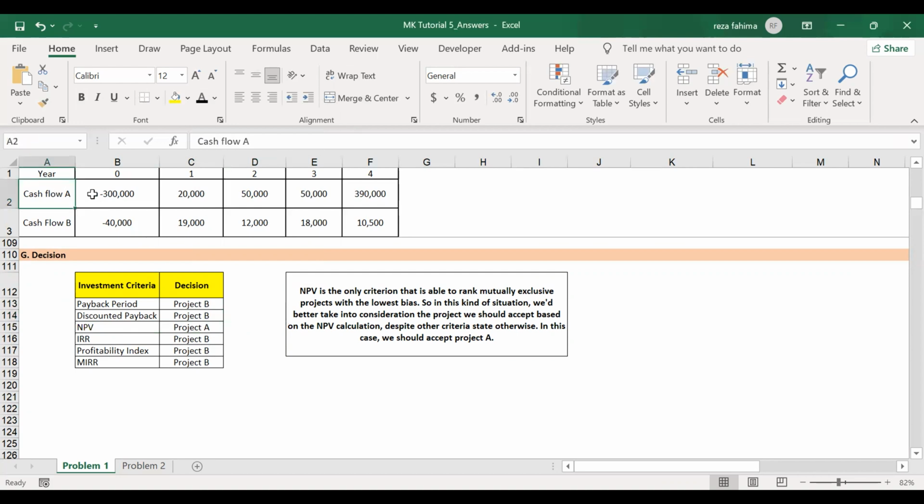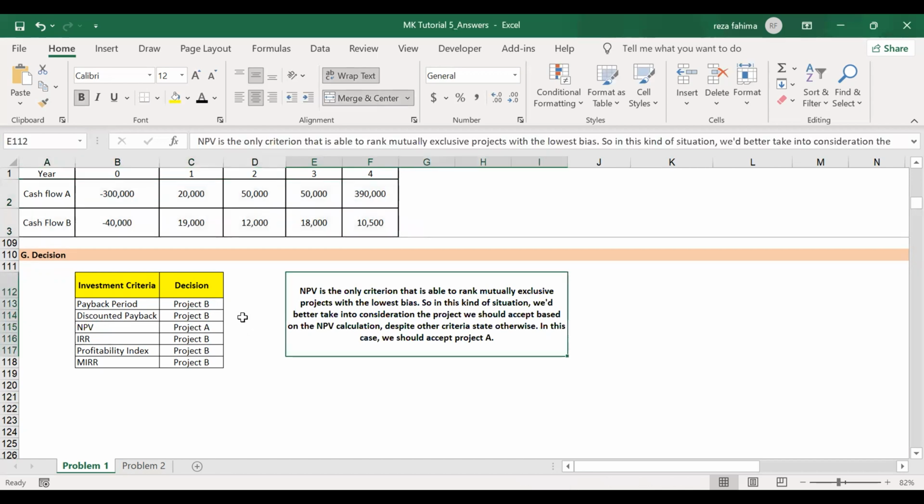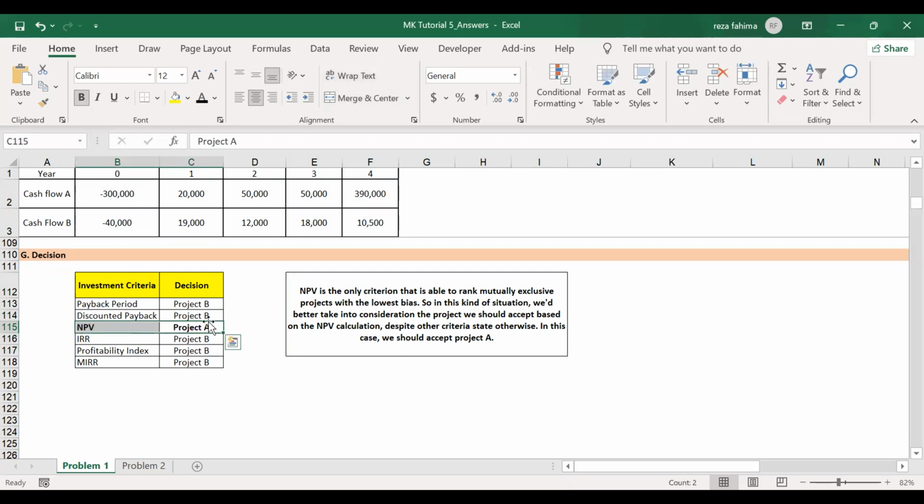In this case, project A and project B are mutually exclusive because when you choose project A, you can't choose project B at the same time. So since the others cannot be used in ranking mutually exclusive projects, you have to choose project A because project A has a higher NPV than project B.